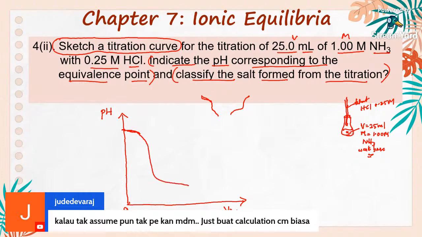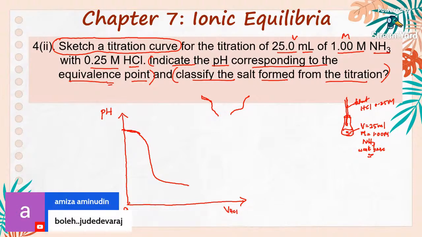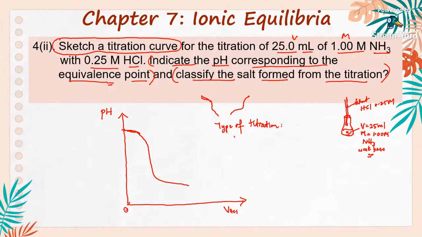Here you need to identify the pH corresponding to the equivalence point. So what is the type of titration here? It is between a strong acid and a weak base.